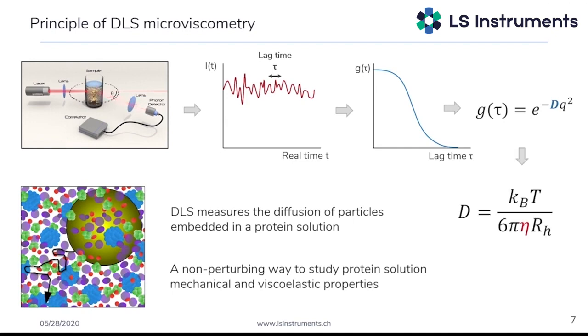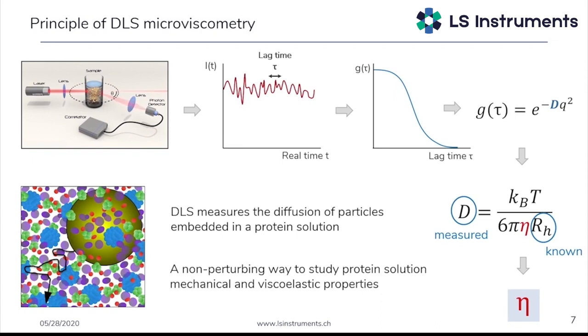Now, the diffusion coefficient of particles is directly related to the size of the particles by the so-called Stokes-Einstein relationship, which you see here. Suppose we know the radius of the particles. We measure the diffusion coefficient directly, and this means we now have the viscosity.